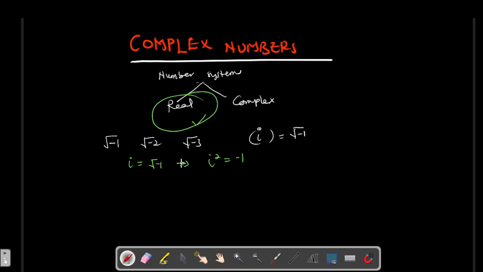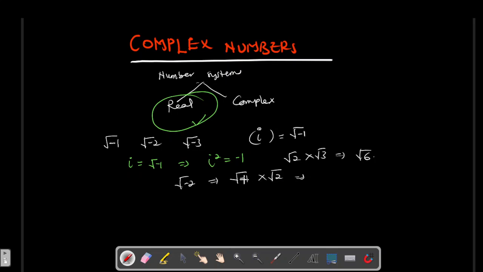Now that you've seen that i is equal to square root of -1, you realize that if you have square root of 2 times square root of 3 in radicals, what do you get? Square root of 6, right? So if I have square root of -2, I can decompose this into square root of -1 times square root of 2.